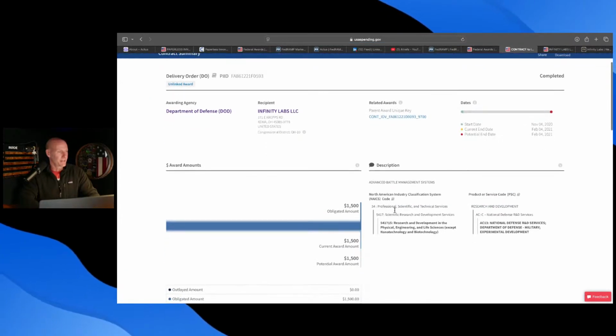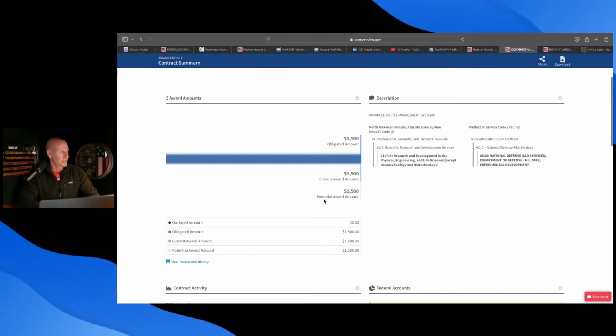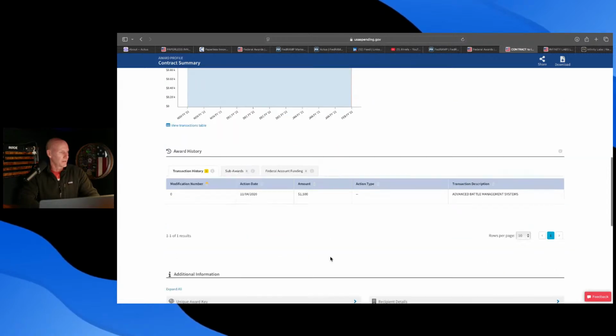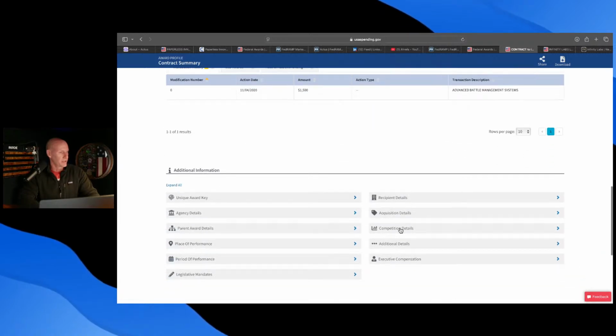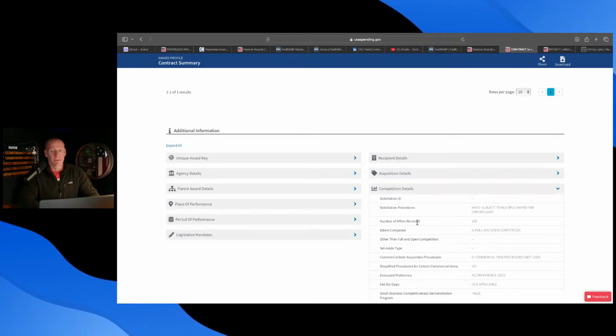So ABMS, we can see here the award amount, ABMS, advanced management. Competition details, number of offers received, 100, full and open competition. By the way, if you're following for the first time here, in USA Spending, we can see what the competition looks like for each of the solicitations.